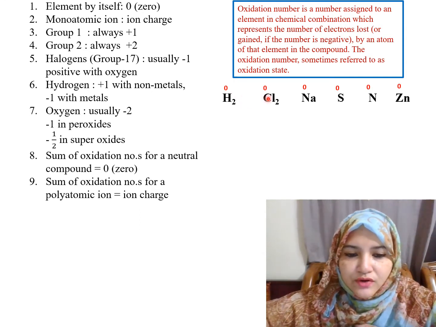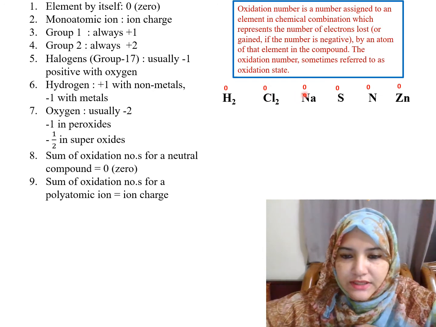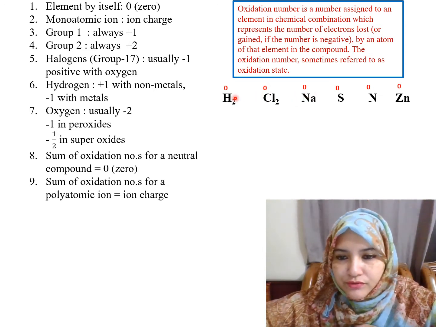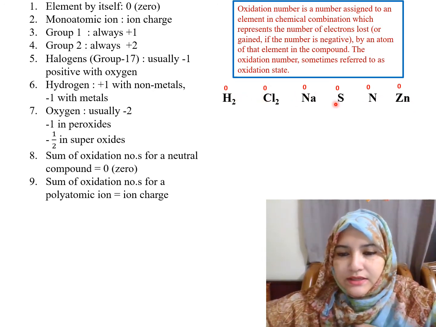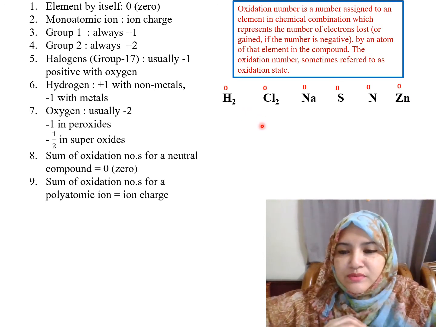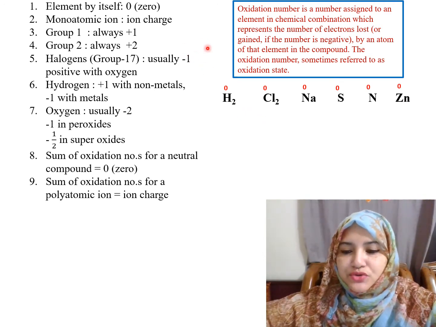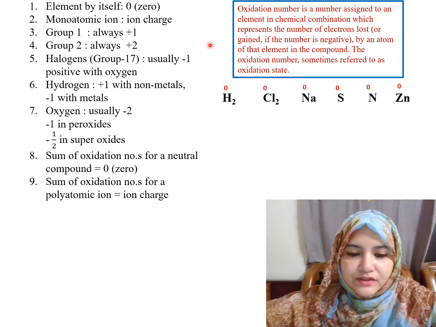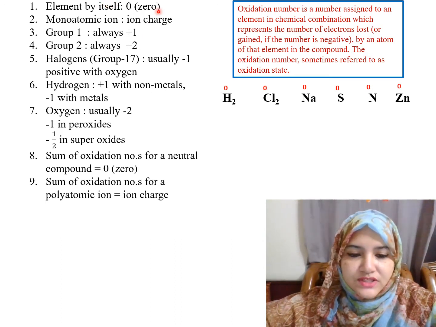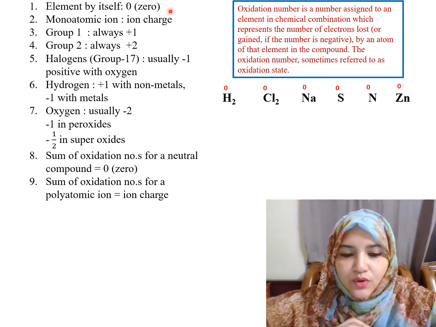For all these elements the oxidation number is 0, and this is our first rule: an element by itself always has an oxidation number 0.